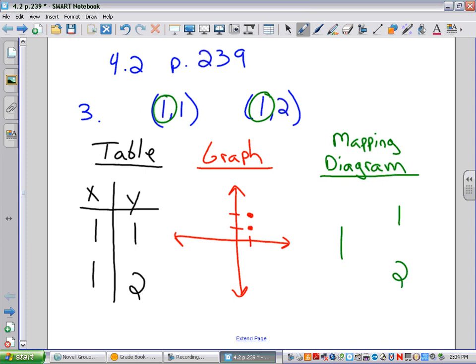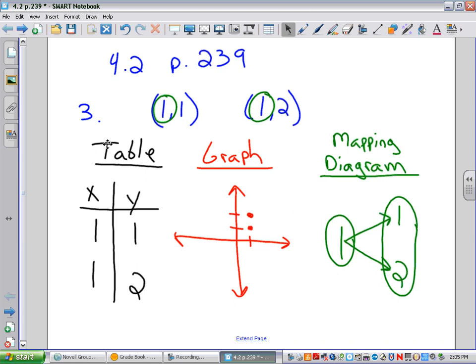So my points go from 1 to 1, and then also from 1 to 2. And that is your mapping diagram. You just have 1 on the left all by itself because it's repeated as the x value. Sometimes in the book, you'll see these with circles around it like this. If you want to put those in, that is fine. So again, a table, a graph, and a mapping diagram.